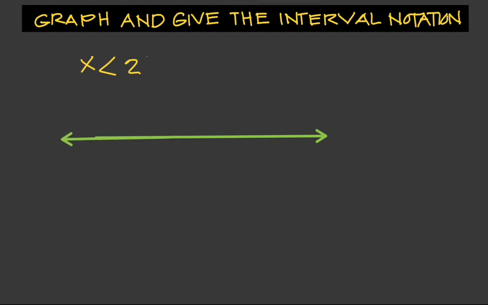So this is our number line, and then we will graph x less than 2. Let's draw some numbers here: 0, 1, 2, 3, 4, 5, and -1, -2, -3, and so on.